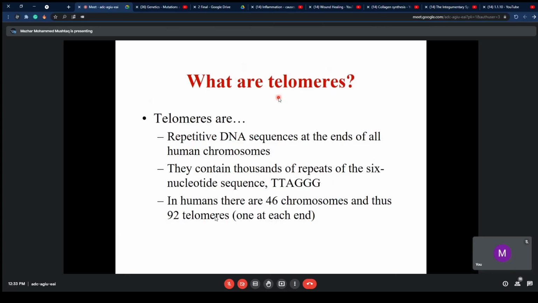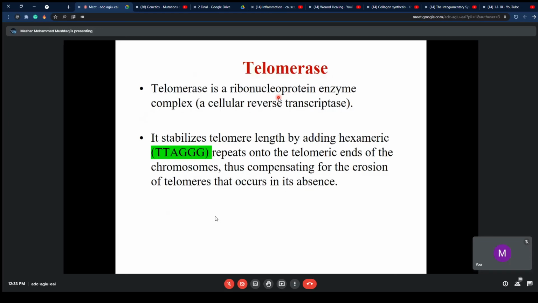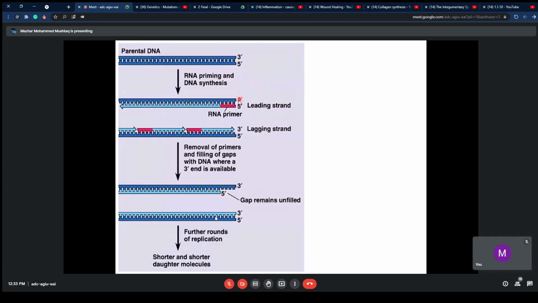So basically, the telomere is the sequence at the end of the chromosome, and the telomerase is the enzyme, a ribonucleoprotein enzyme, that will not let that segment of the DNA be left unreplicated. Telomerase takes care of this gap which is left during the replication, and it happens at both ends.